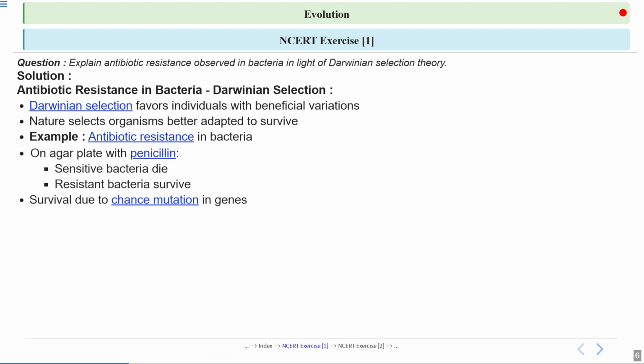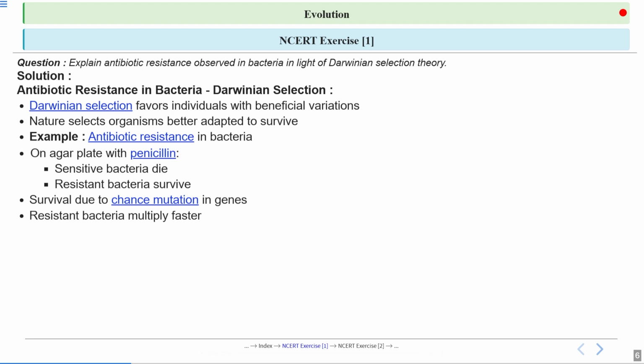Here the resistant bacteria are surviving due to chance mutation in the genes. Because of this mutation, a new characteristic arose in that bacterial population, which was penicillin resistance. Now the resistant bacteria which are selected will multiply faster.